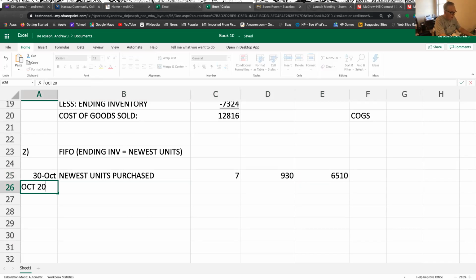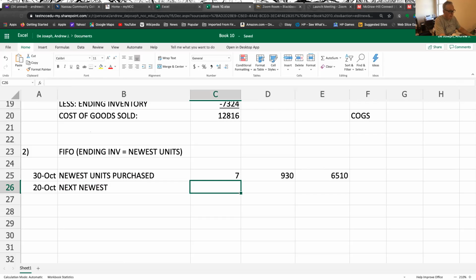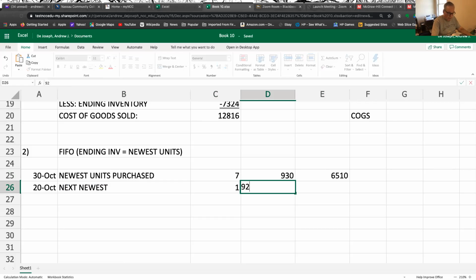October 20th was the next newest, right? If that's such a word. Now I need 8 altogether. So if 7 came from October 30th, that means 1 came from October 20th. And on October 20th, I paid $920 a unit.